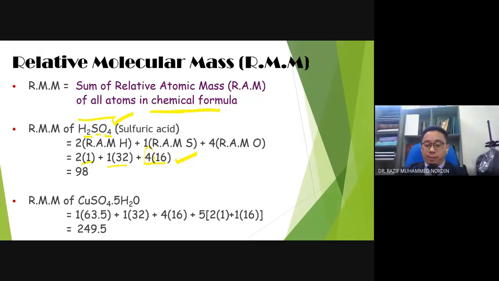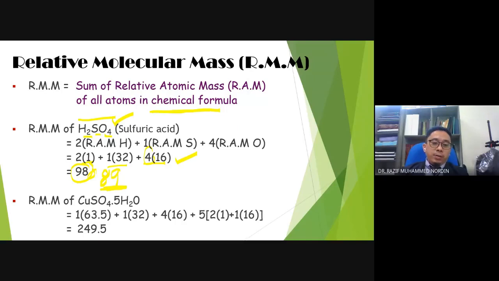But for some reason, yang saya tak ketahui macam mana, atau lalai or cuai, daripada 98 dia jadi 89. From 98 to 89. Ni kesilapan ni ramai sangat student saya buat. Kesilapan ni will cost you a lot of marks. Rugi sangat-sangat. Sayang.